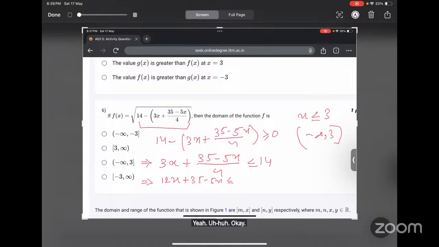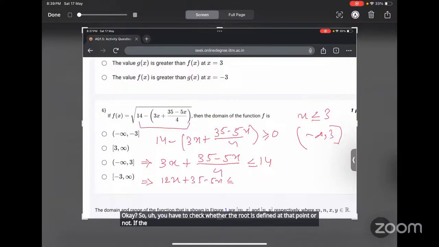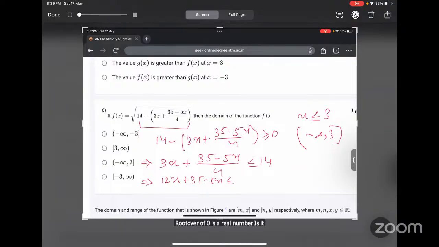So you have to check whether the root is defined at that point or not. If the whole thing is even 0, then also the root is defined. The root of 0 is a real number. So we have to take equal. Is it clear? Yeah. So then the next step is also clear, right? Ma'am, it will be 56. 56, right?